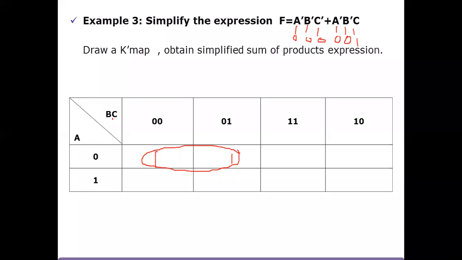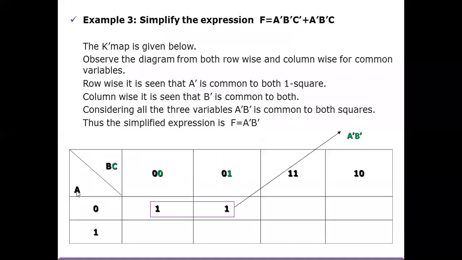It is also not changing. A not changing, B not changing, but C is changing. Okay, so how can you write the simplified form? A is not changing, we can write the value is 0, A dash. And B is not changing, so we can write B dash. Write A dash, B dash here. Okay.